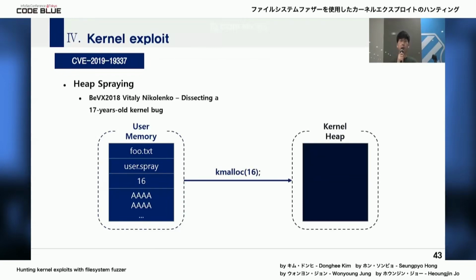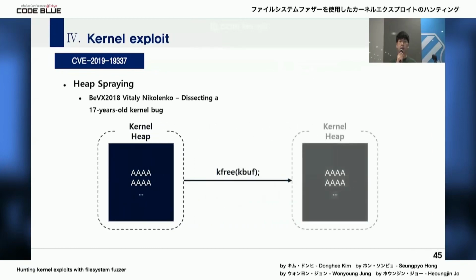When calling the syscall, the kernel memory is allocated through the kmalloc function, and the user input value is copied to the kernel memory through the copy_from_user function.